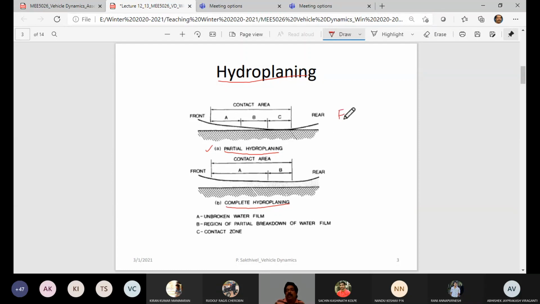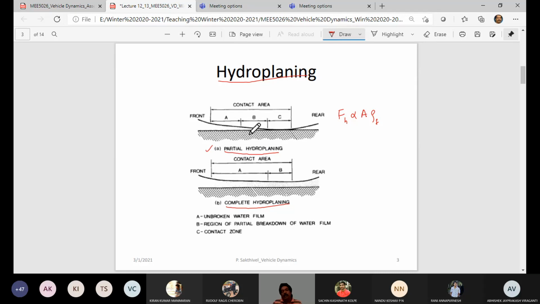That lift force, this H referring to hydroplaning, is proportional to the area of contact of the contact patch and the density of the fluid occupying the space between the tire tread and the road surface. There can be a rainy season, so you go, there is water stagnant on the road surface.